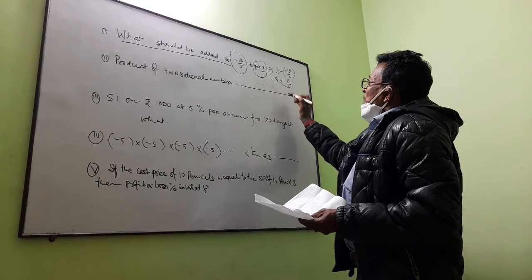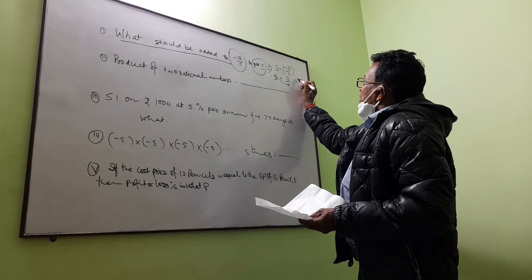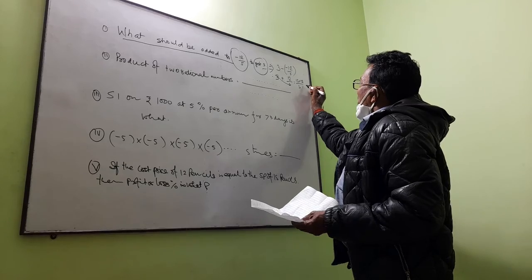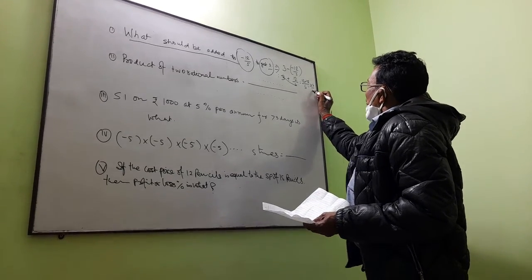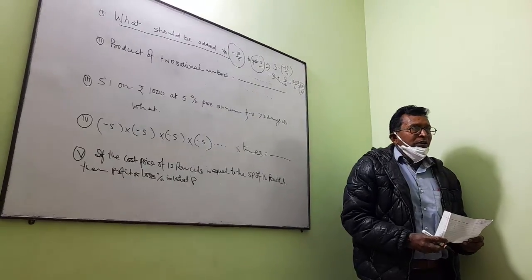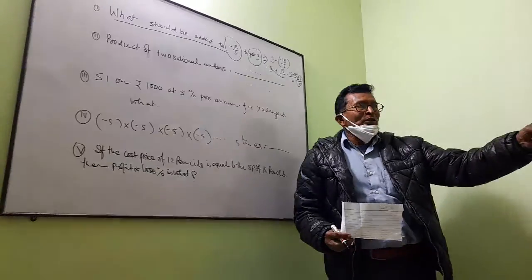So cross multiply, 5 3s are 15 plus 12 by 5. It will be 27 by 5 is the right answer. Sir, minus 27 नहीं होगा. No, it will not be minus 27.